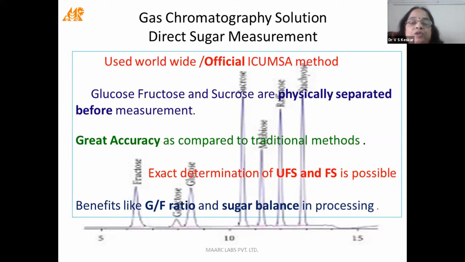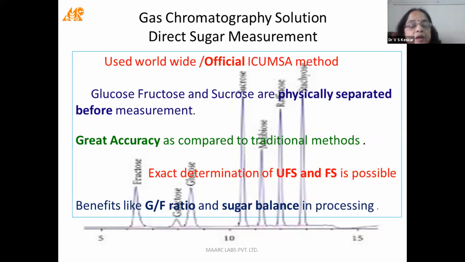Glucose, fructose and sucrose are physically separated before their measurements. So this is the specific property of this method. By this method, great accuracy is achieved as compared to traditional methods. In the next presentation, the details will be discussed. Exact determination of unfermented sugars and fermented sugars is possible.